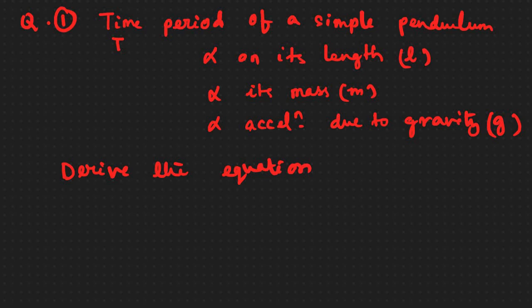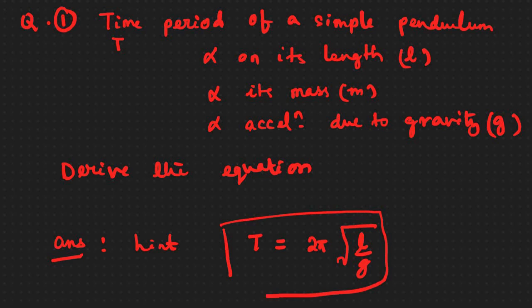Okay. Now for your reference, the hint is, you must be getting the answer as T equals 2 pi root over L by G. This would be the equation you will be getting. Now where does the 2 pi come from?